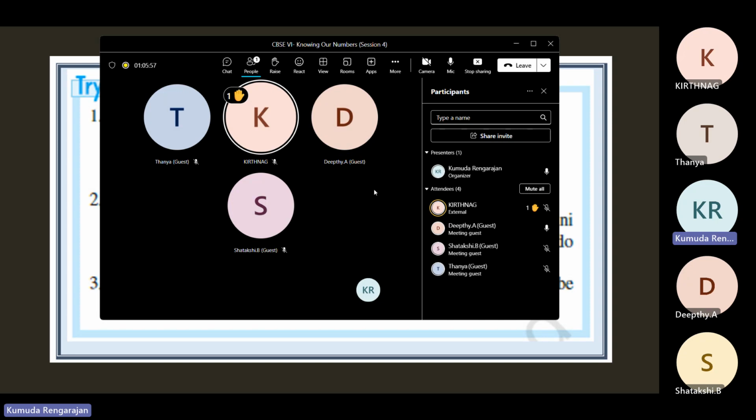Yeah, because that will be a part of the test. Once we resume the classes, if I conduct a paper pen test on these 2 chapters, you should be ready with the situations in NCERT also. You have to practice to remember, not just read the NCERT answers.